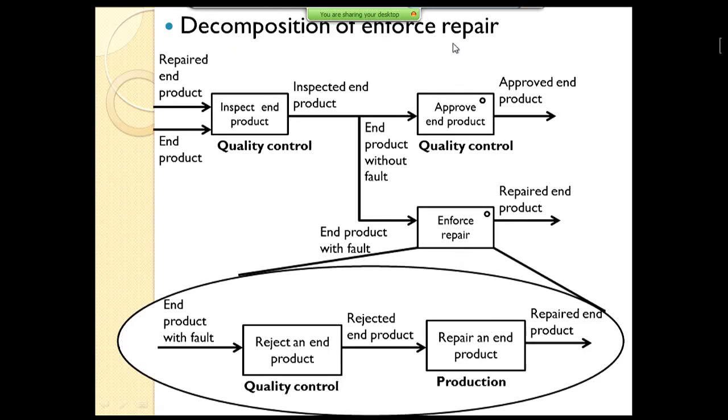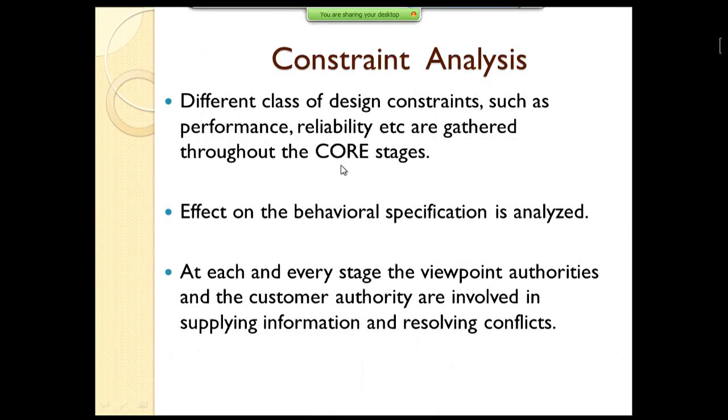We can further decompose the enforced repair by saying that this end product with fault is sent to reject end product. Once the end product is rejected, it is sent for repairing. We can see that the quality control and production views are single viewpoint models, and now they are combined into combined viewpoint models.